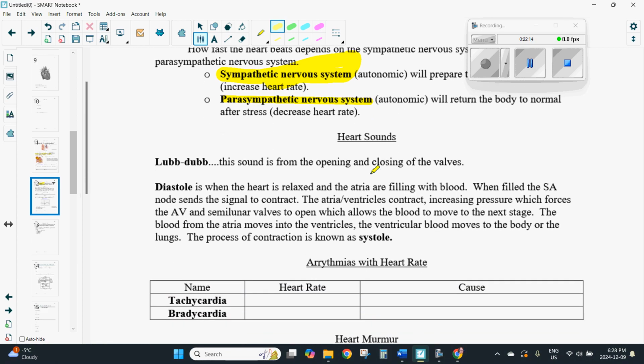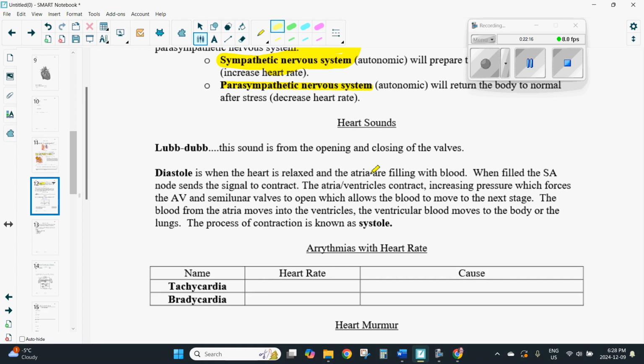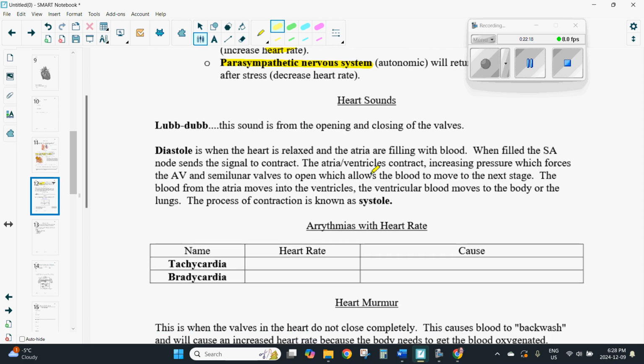Now, what are the heart sounds that we actually hear? So when doctors are listening to your heart, they're actually listening for a lub-dub sound. What the doctors are actually listening for is the valves opening and closing. So if they don't hear a strong lub-dub, what that is telling them is that there might be something wrong with a valve.